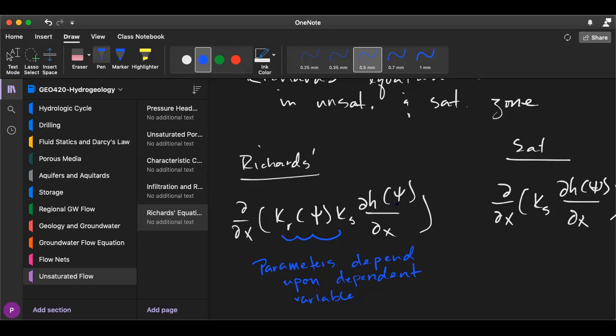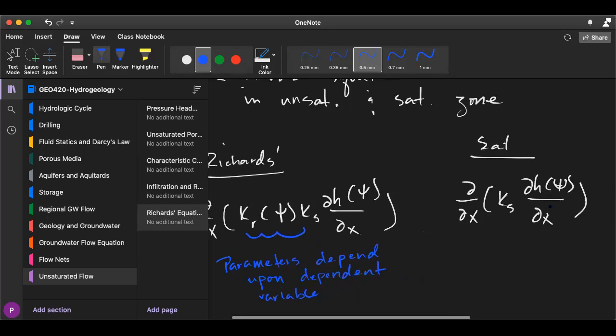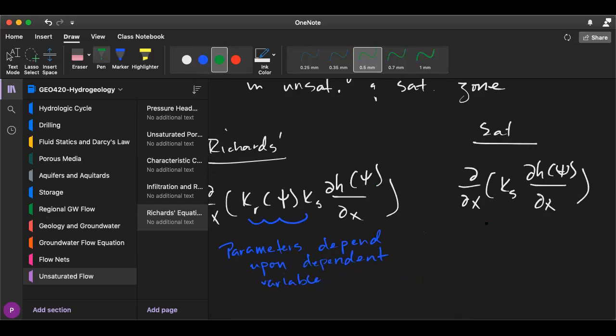I'm caught in this trap where I'm trying to predict my dependent variable, but my parameter is a function of that. Over here, my parameter is independent. So here my parameter does not depend upon my dependent variable.